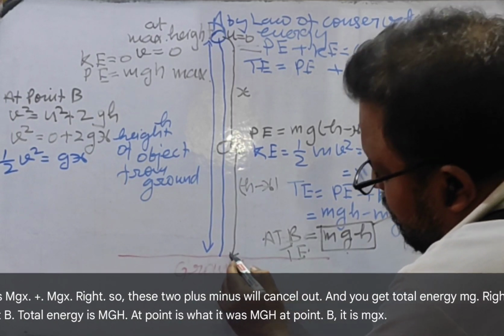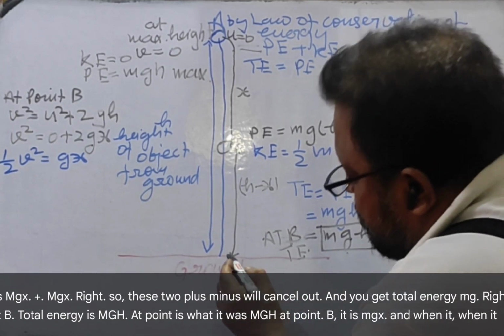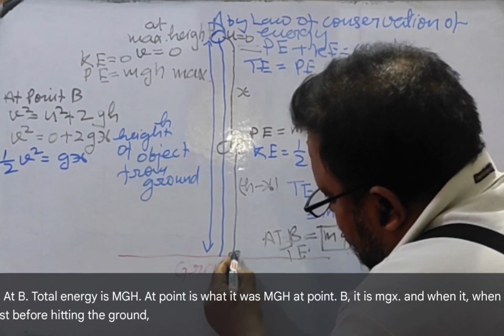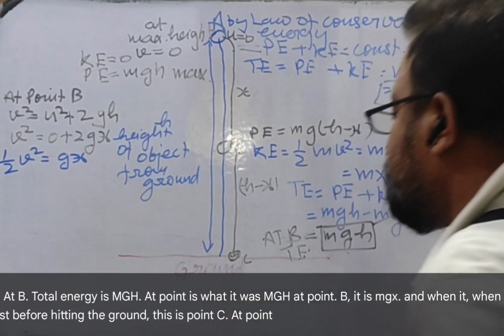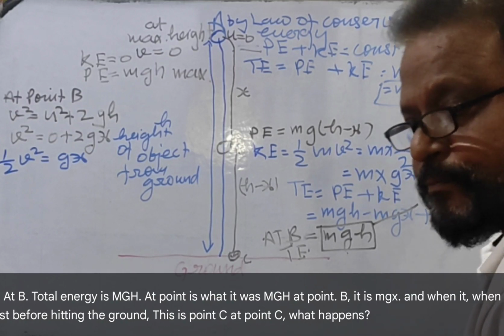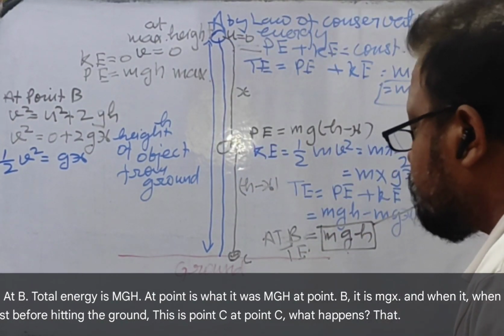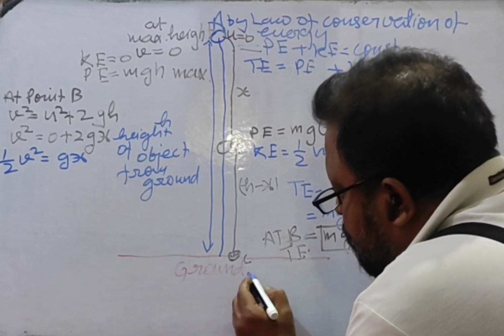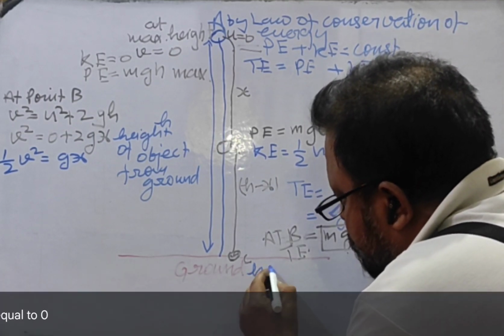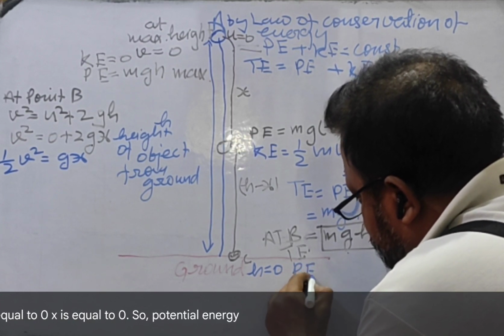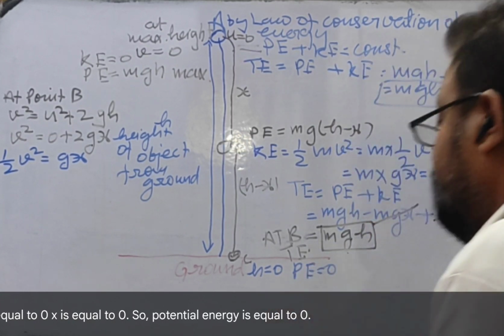And when it hits the ground, just before hitting the ground, this is point C. At point C, what happens? h is equal to 0. So potential energy is equal to 0. Right?